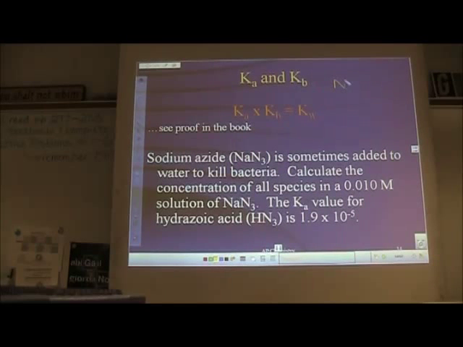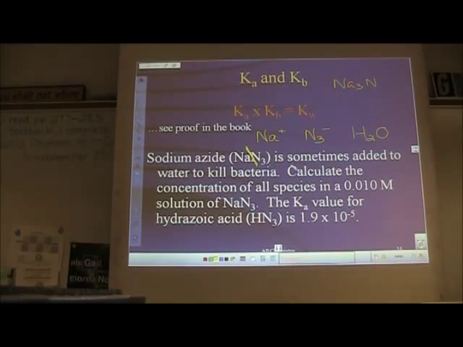That would have a formula of this. Okay? Sodium azide. I draw a line. Here are my major species. Na+. This is what the azide ion looks like. And water.